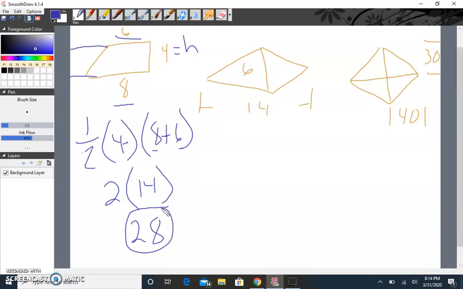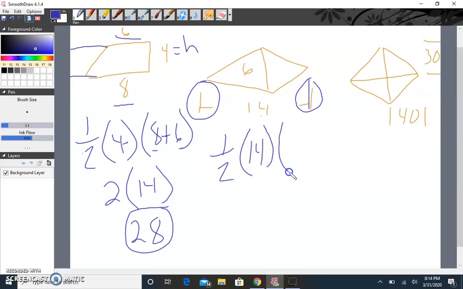Now we go on to our kite. Same thing. We're working with 1/2, and it's going to give distance 1 and distance 2, which you can think of somewhat as a base 1 and a base 2. These marks here are telling you that the length of this kite is 14. So that is one of our distances. So we got 1/2 times distance 1.